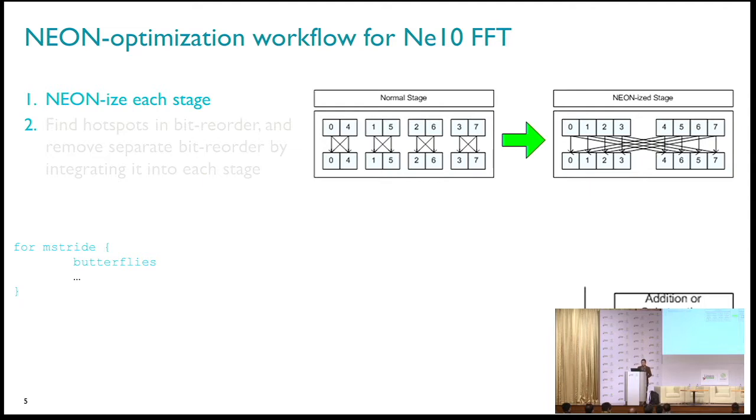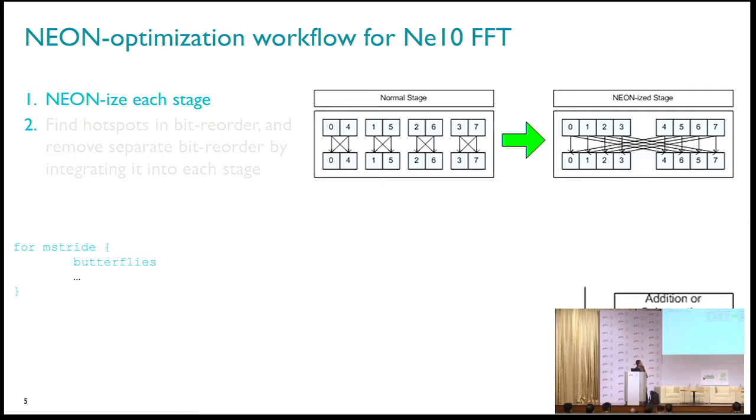Here is the first step of our neon optimization. There is a figure illustrating one of the subroutines of a complex FFT. The left figure is the normal way we do the FFT, and the right figure is the neonized way. The arrows here mean addition or subtraction.